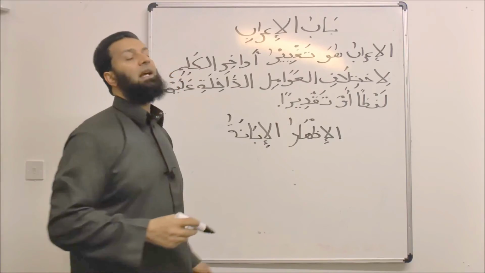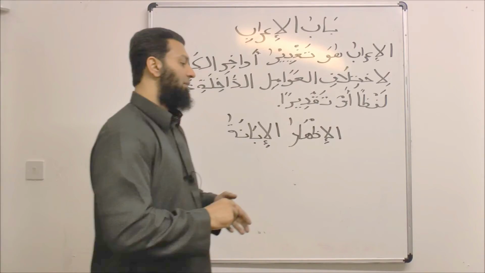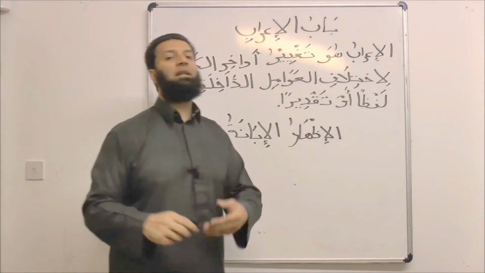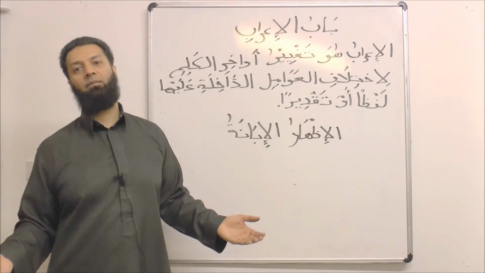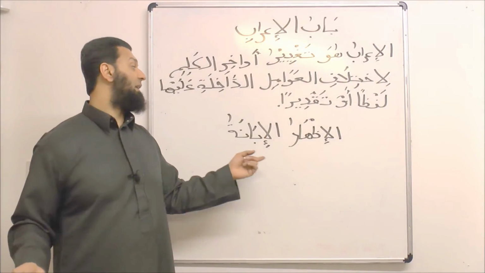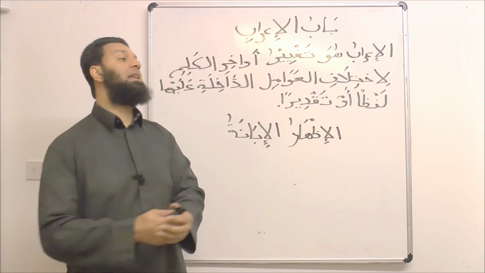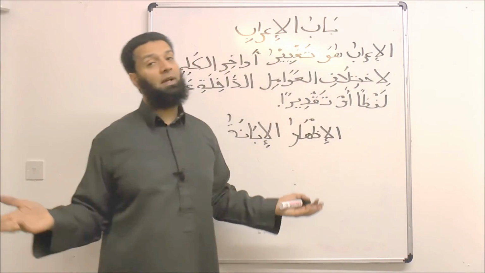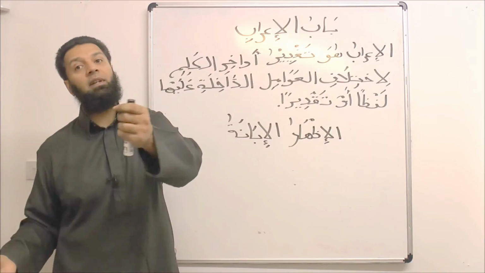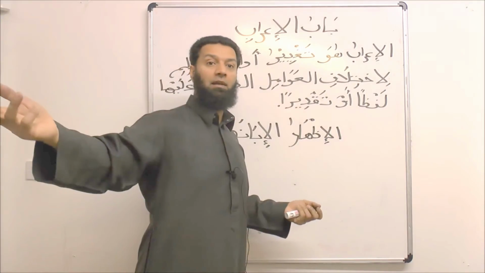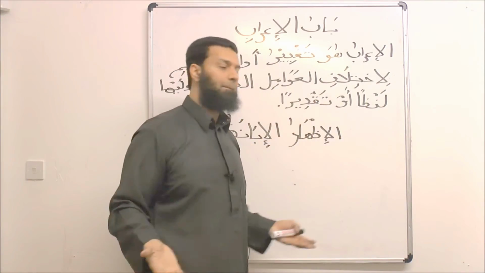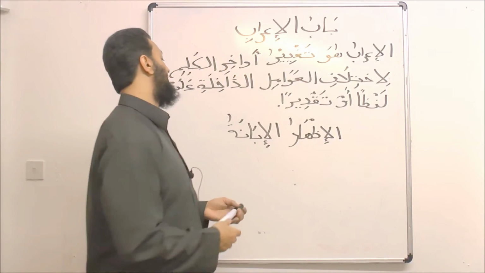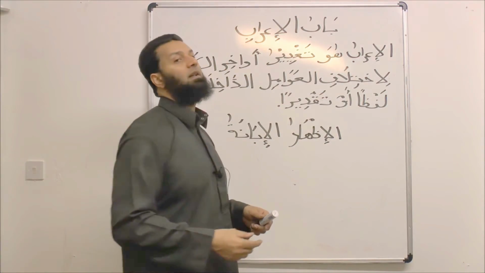What does al-idharu mean? Al-idharu means to make apparent. Clear. Al-ibanatu is clear. Al-idhar is for something to become apparent, to be manifest. Al-ibanatu is from al-bayan, that which is clear. So it relates to al-idharu and al-ibanatu.